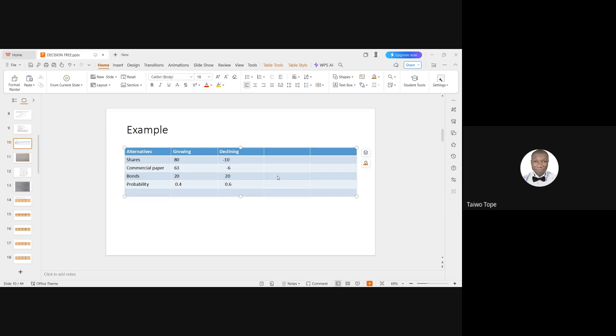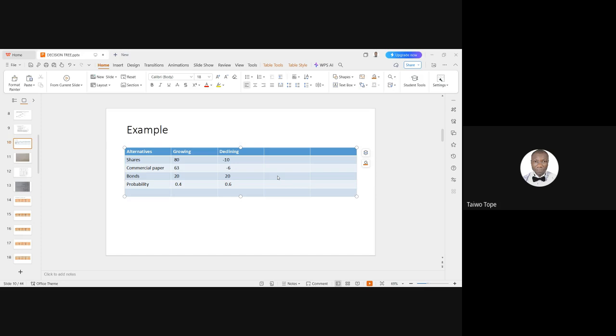While there can be a decline of what? -10. When you invest in commercial paper, a decline of -6, bonds 20, either in a growing state or in a declining state, the result is 20. Now, the probabilities when any of this is growing is what? 0.4. Probability of declining is what? 0.6.